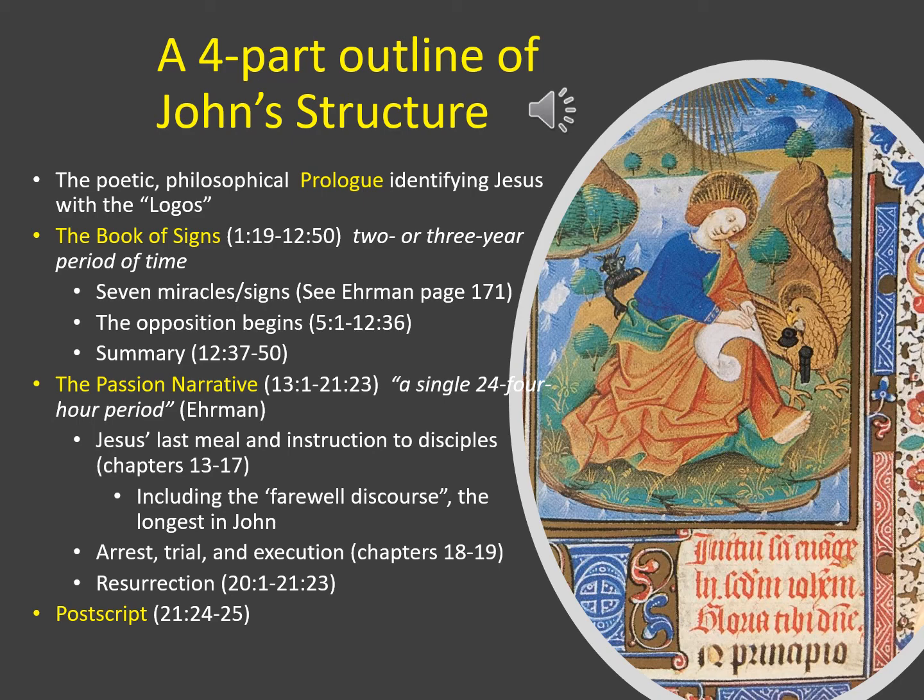There's more about them on page 171 of your textbook. And during this 3-year window of Jesus' life, some opposition begins. So we start to see people fighting back about Jesus' claims and what he's saying. And then there's a little summary of this whole section in chapter 12, verses 37 to 50.